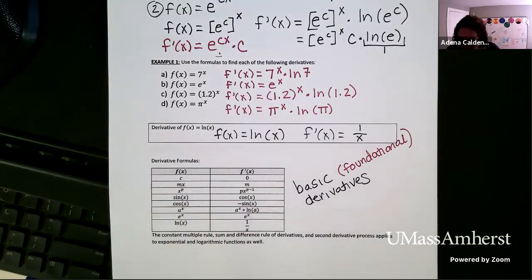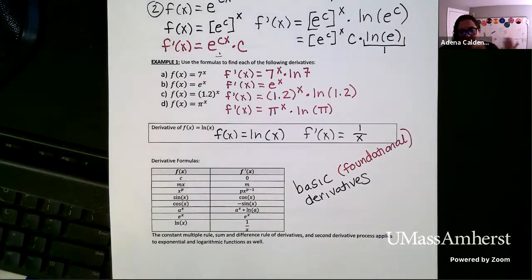Okay, so now here's our list. And last time we talked about things like the constant multiple rule, the sum and difference rule, and how to find second derivatives when we had polynomials and power functions. And that's going to be the same for exponentials and logarithms. So the constant multiple rule says if you multiply a constant in front of your function, that constant also has to multiply your derivative. The sum and difference rule says if you have terms separated by addition and subtraction, you can just take the derivative term by term.